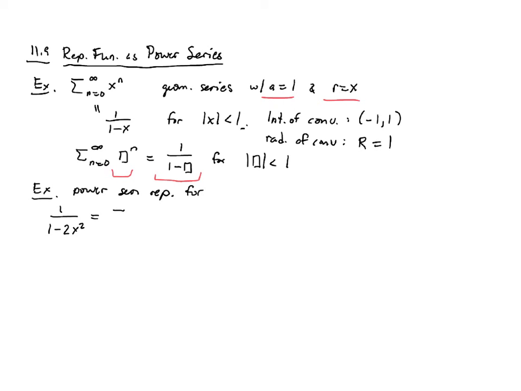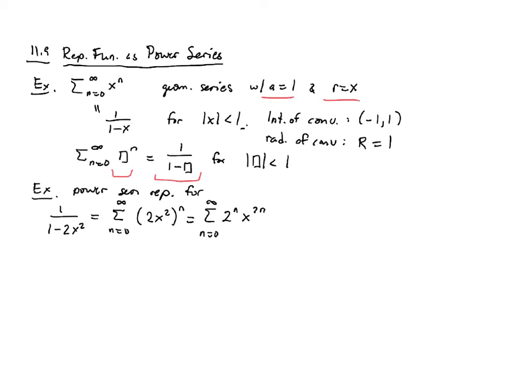I rewrite this as the summation n equals 0 to infinity of the quantity 2x squared to the n. We can do a little bit of algebra to simplify this. This is the summation n equals 0 to infinity of 2 to the n x to the 2n, multiplying out the exponent there.